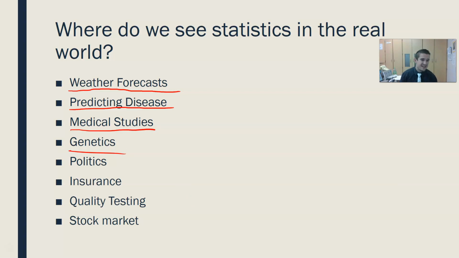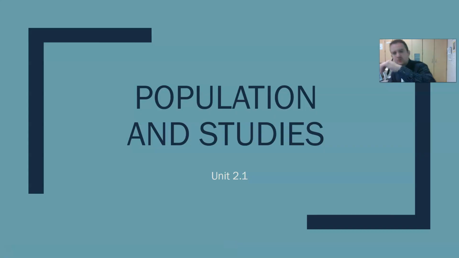Insurance, quality testing, like in a business, if you're in quality control, you'll use statistics. In the stock market, there's a bunch of statistics used as far as predictions go. And that's just a really short list. Almost any single career that you go to, you will have to either look at or deal with statistics in some way.